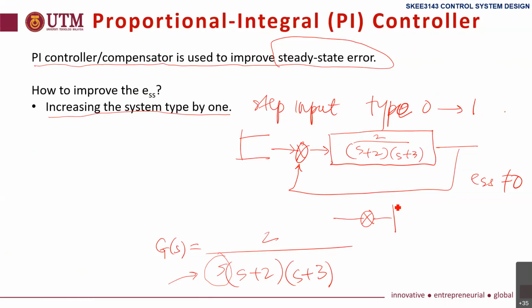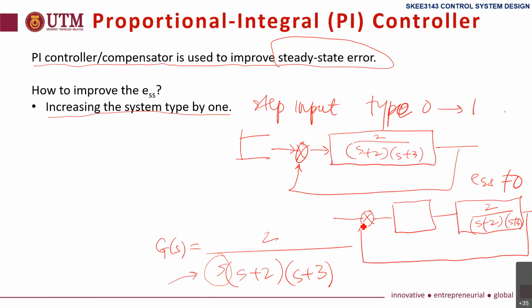I can add s by adding a controller here before the plant, 2 over s plus 2, s plus 3. I can add by giving a value here, k any value over s.